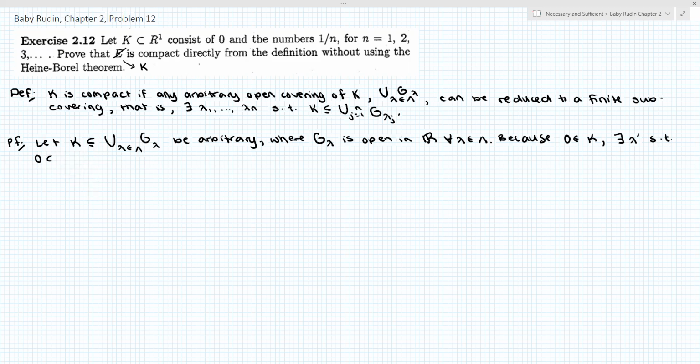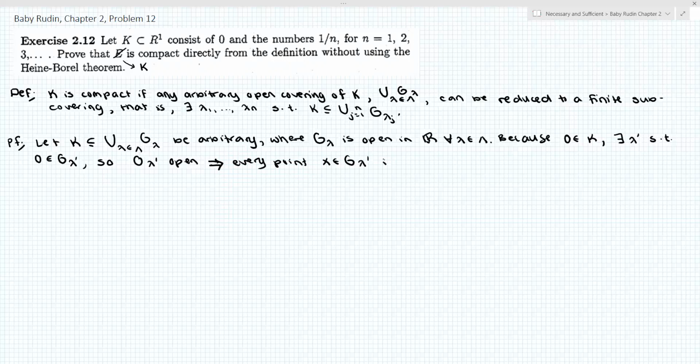So 0 is an element of O lambda prime. So O lambda prime is open. What does this mean? A set is open if every point it contains is an interior point. So every point x in O lambda prime is an interior point.